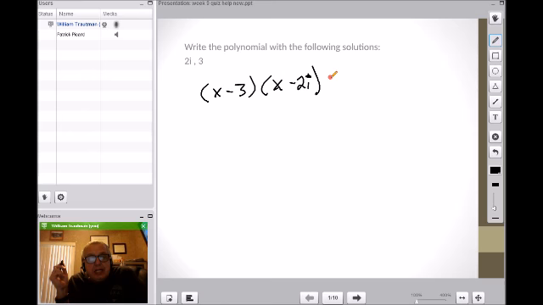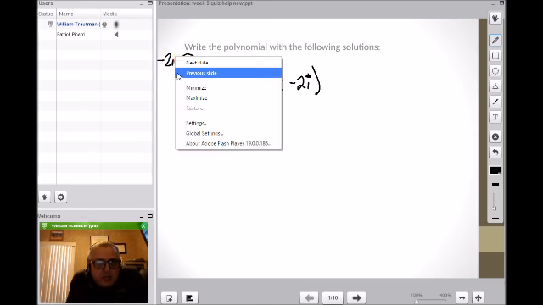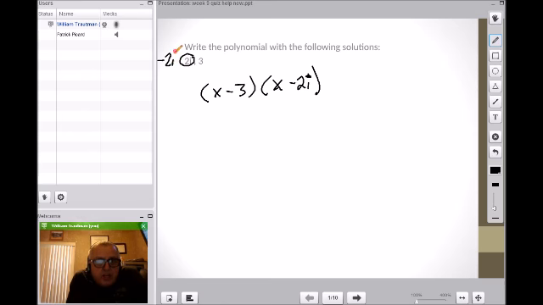But this week is a little different, because when we deal with imaginary numbers, if 2i is a solution, then negative 2i automatically is also, even though we didn't write it. If a positive 2i is a solution, then a negative 2i is also a solution.